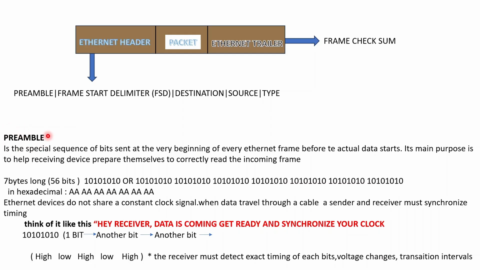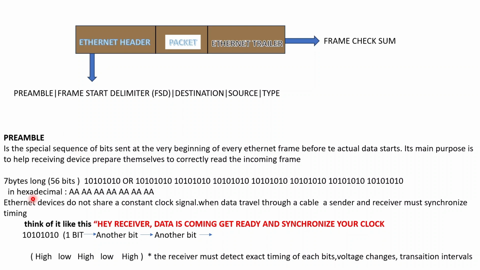So whenever you hear the preamble, it means these are the special sequence of bits ambazo zinakuwa transmitted very early before the actual data. The main purpose of this preamble is to tell the receiver to synchronize its time to be ready to receive the actual frame.